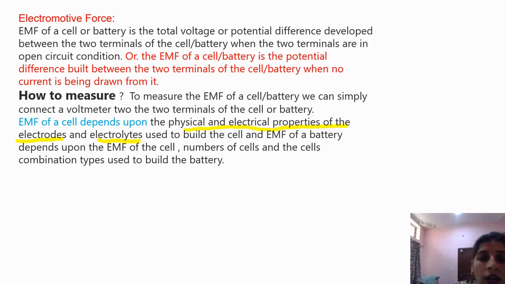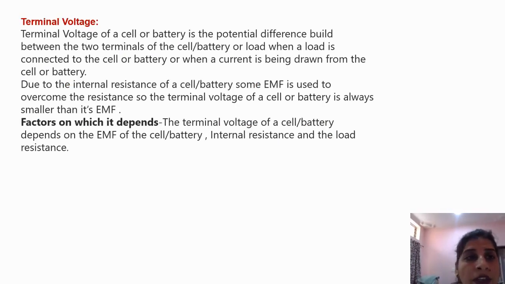Okay. And if you talk about another term, terminal voltage. What do you mean by terminal voltage? It is the potential difference between two terminals of the cell or a battery or load.